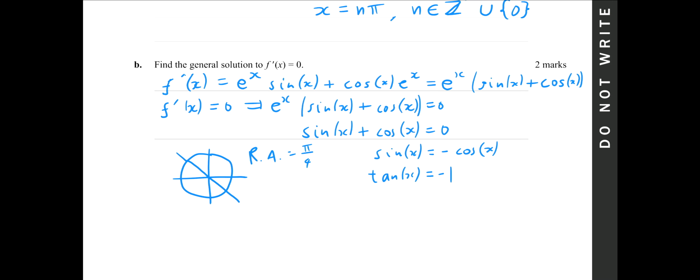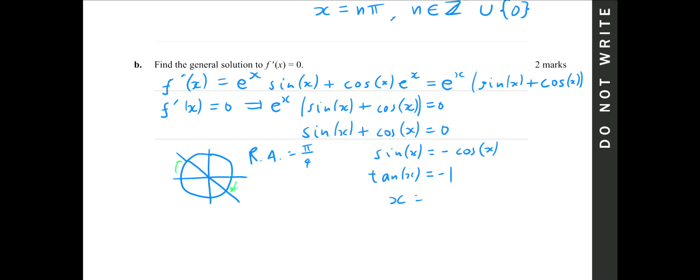So in order to basically get these answers, we need to have x equals, now again, similar deal as before, you can start at either pi, so 0 pi, 2 pi, 3 pi, 4 pi, etc. And all we've got to do after that is rotate clockwise by pi on 4.